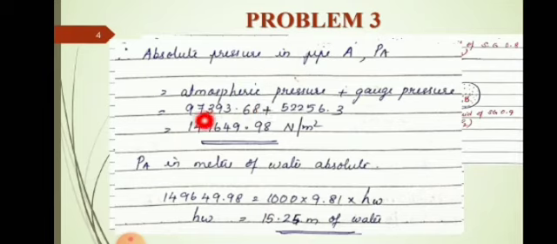Once you get the pressure, what does this mean in meters of water absolute? How much height of water is required to get this much of pressure? That is what you have to find out. So in order to get that, you have to equate it to rho GH and find out the value of H. So from this equation you will get the value of H. HW is the suffix, height of water, as 15.25 meters of water.